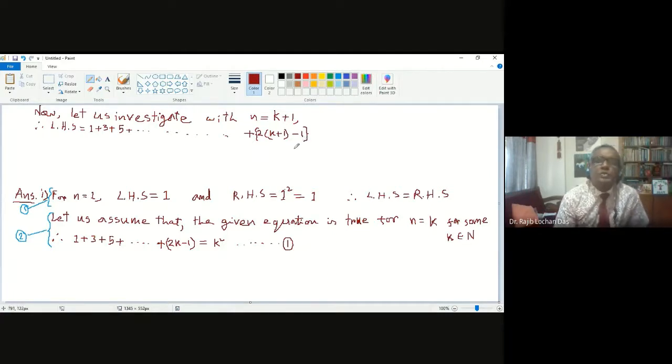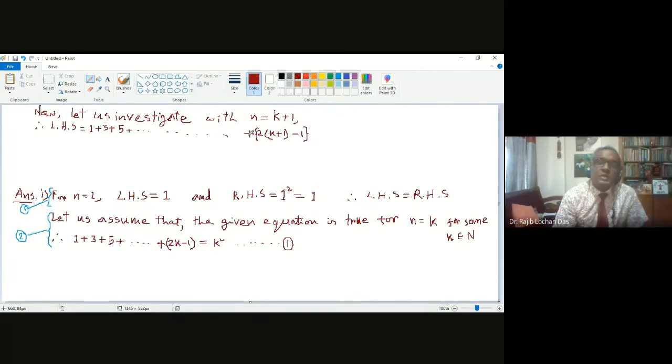Everyone is okay with this? This is actually 2k plus 1, because it is 2k plus 2 minus 1. That is also fine, not our problem. You have to understand this will be the last term.